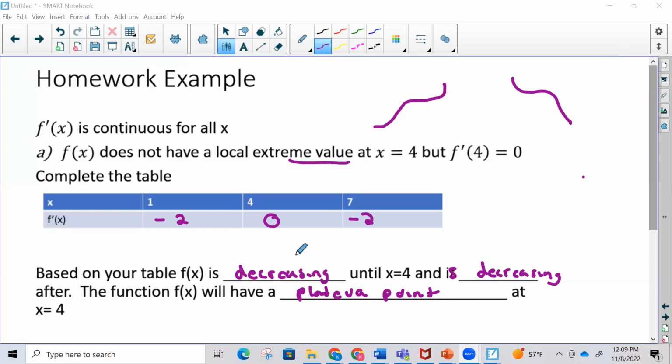So your homework doesn't say plateau point, it says neither a max or a min. So you would put that if they tell you it's not a local extreme. Again, you can make these positive and then say increasing or increasing, but still neither a max or a min. So hopefully that helps with those homework problems.